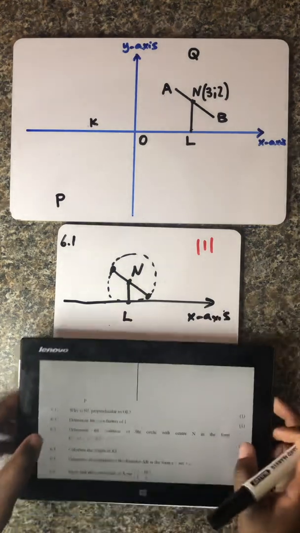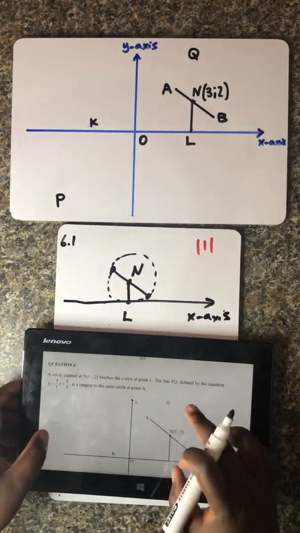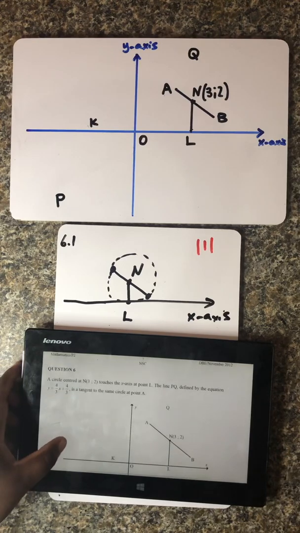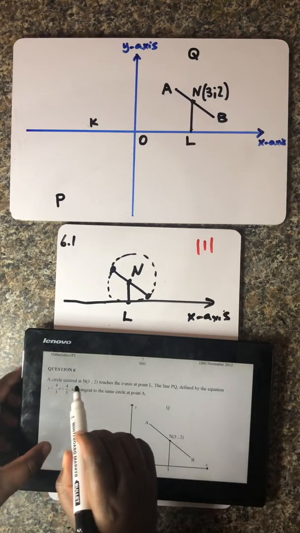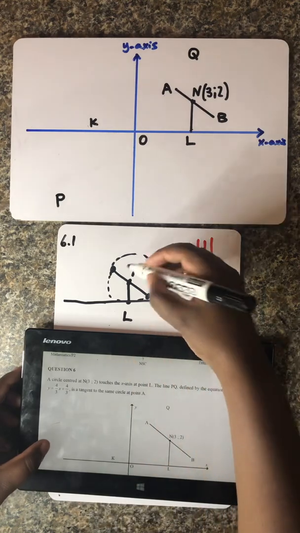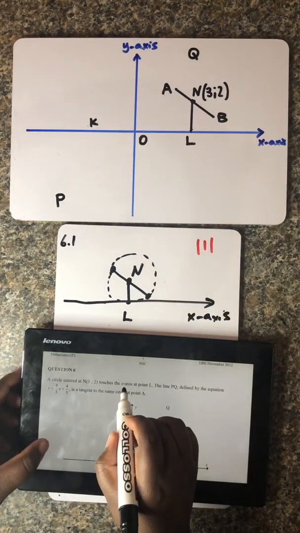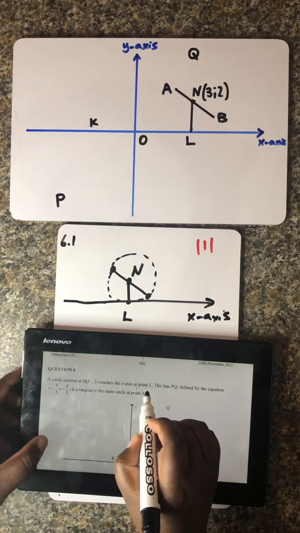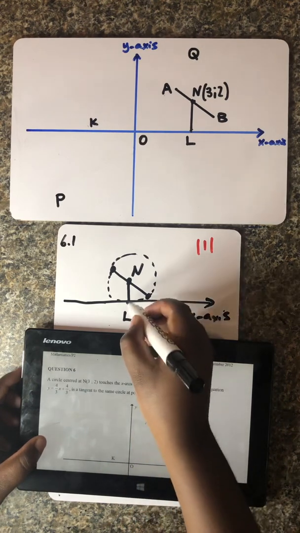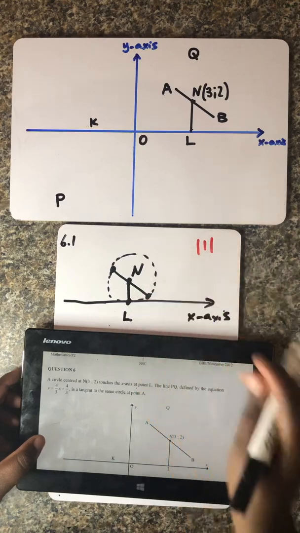Let me just check for that statement. I remember it was mentioned somewhere where they say a circle centered at N, this is that point N over there, touches the x-axis at point L, which is that point over there.